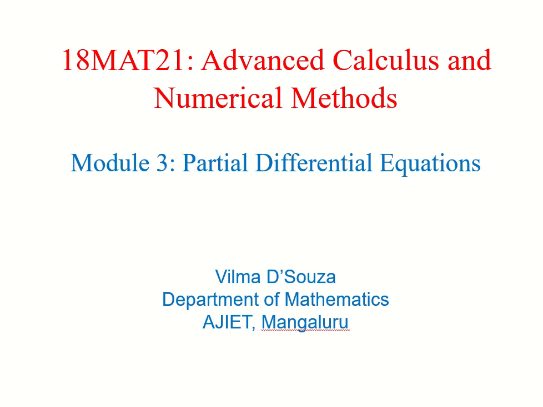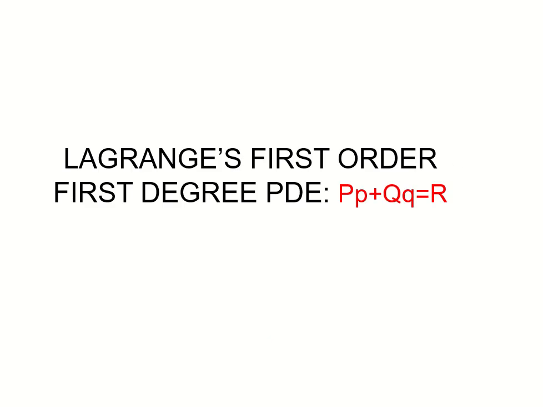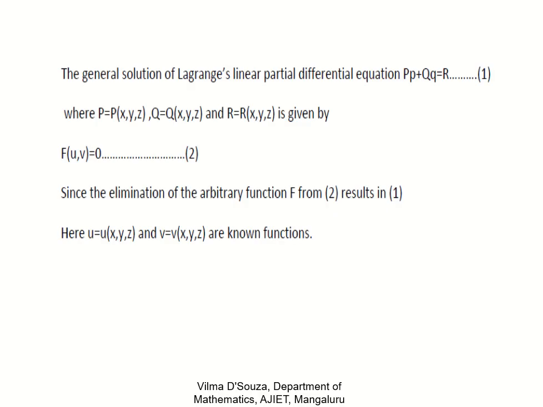Now, in this video session, I will be discussing Lagrange's first order and first degree PDE of the form Pp plus Qq is equal to R. The PDE of the form Pp plus Qq is equal to R is called Lagrange's first order PDE.